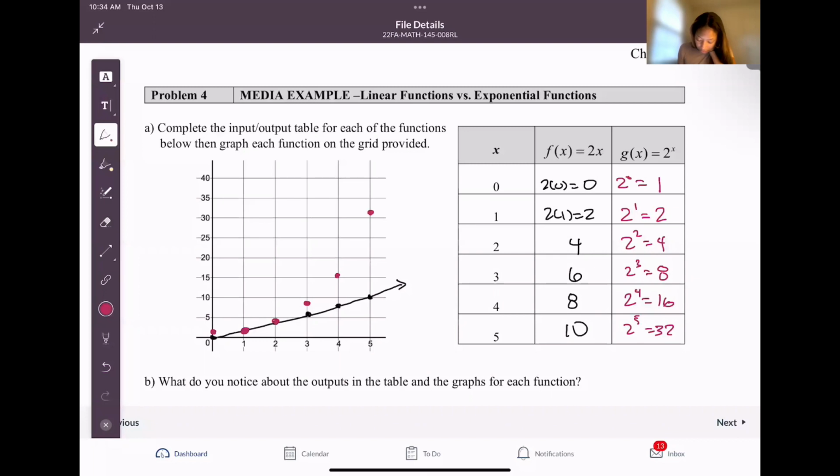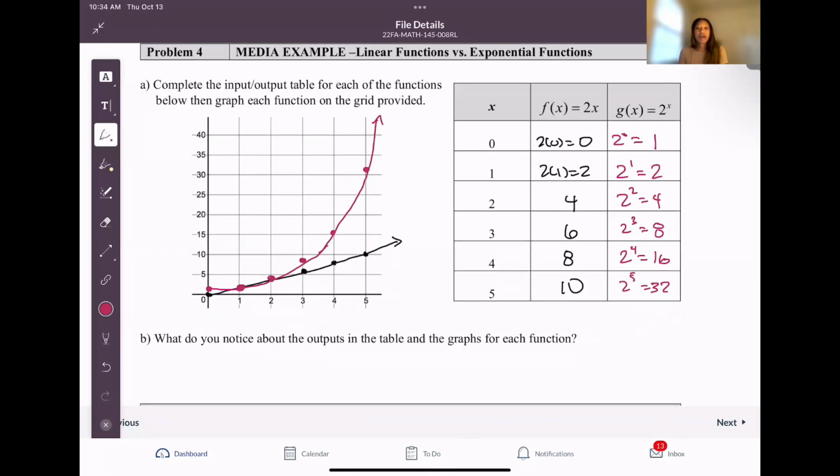All right, so for our exponential function, it starts off really low, and then it curves upward and starts to increase really, really quickly. So as we can see, exponential functions in the long run give us bigger outputs than linear functions. Okay, what do you notice about the outputs in the table and the graph for each function?